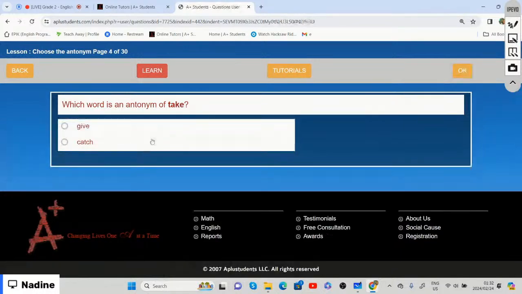Opposite of take. I take something. Is it give or catch? We need to find the antonyms, and the antonyms are words that are opposite to one another.